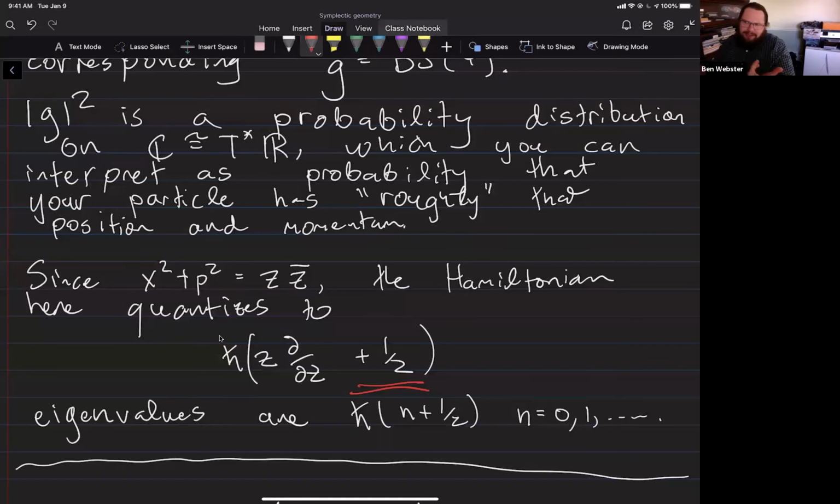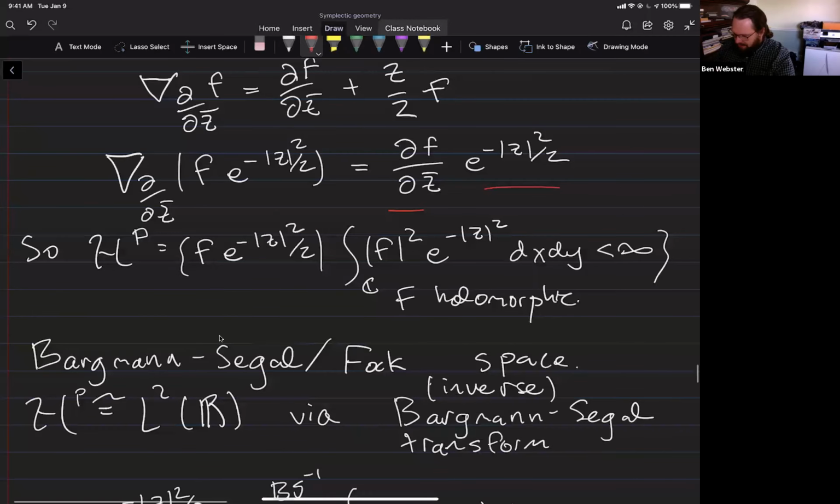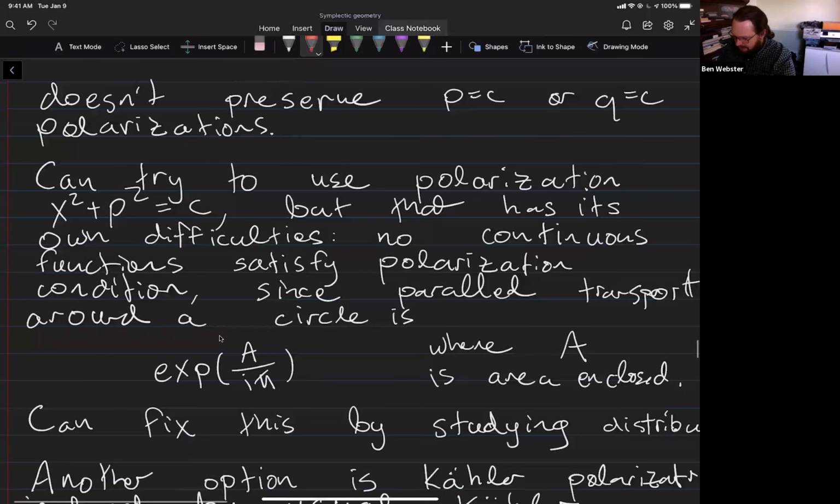It's not so surprising because we're used to this Weyl quantization, but I haven't given you a geometric explanation for it. And you get eigenvalues ħ(n + 1/2). And maybe I'll just mention this should remind you a little bit of this guy.